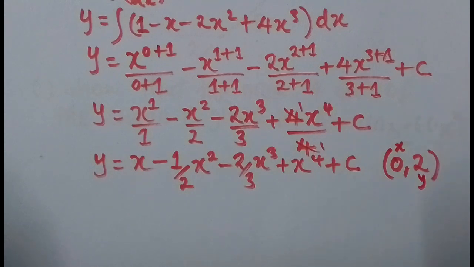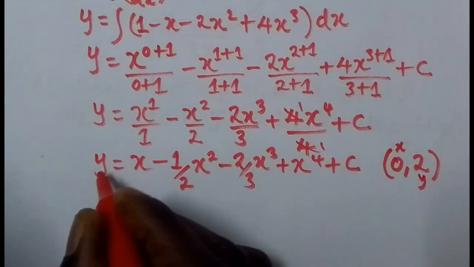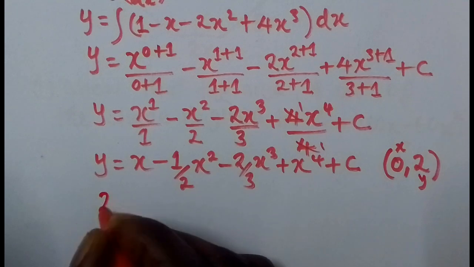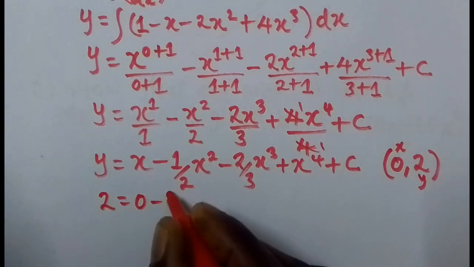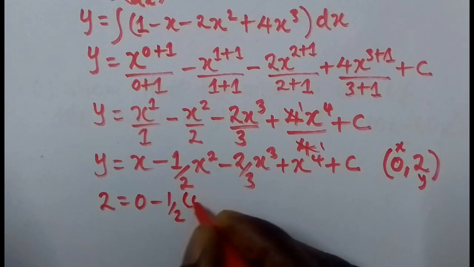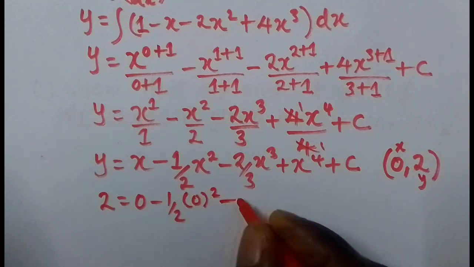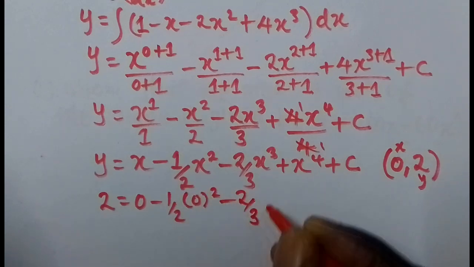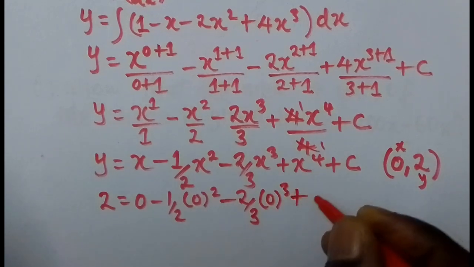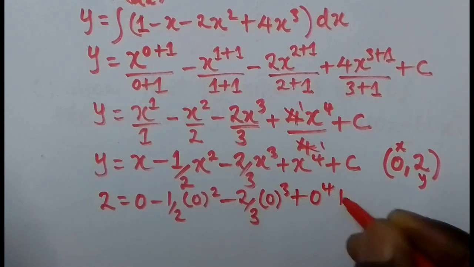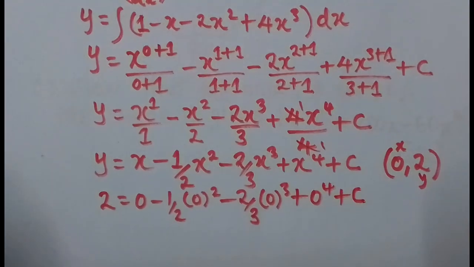When we substitute, on x we put 0 and on y we put 2, and we are going to get c. So since this is y, we put a 2 here, equal to 0 minus 1 over 2 times 0 to the power 2 minus 2 over 3 times 0 to the power 3 plus 0 to the power 4, then plus c.